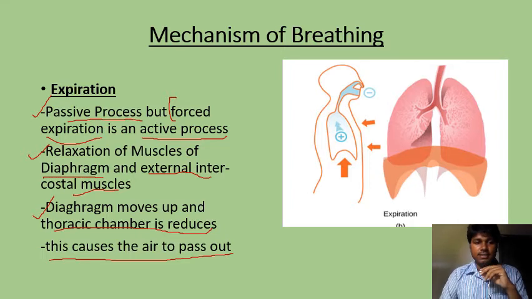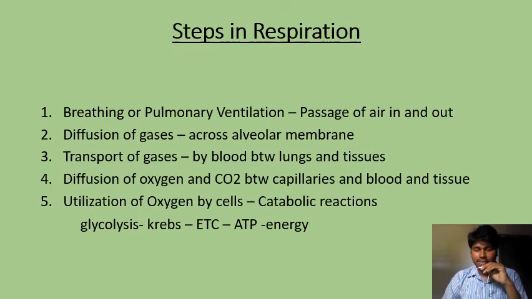Let's see the steps in the breathing now. There are basically 5 steps in the respiration entirely. The first step is breathing, nothing but just now we discussed about it. It is pulmonary ventilation, where the air passes inside and outside. Inhalation and exhalation comes under this. Second is the diffusion of gases.